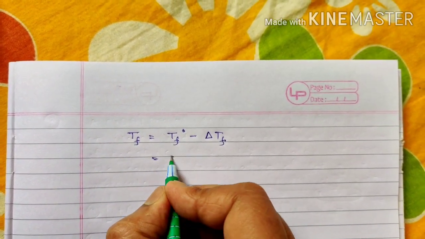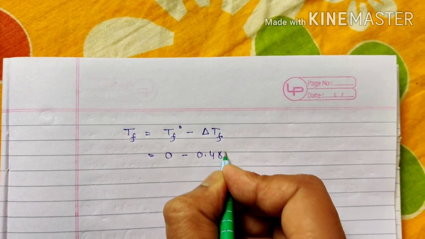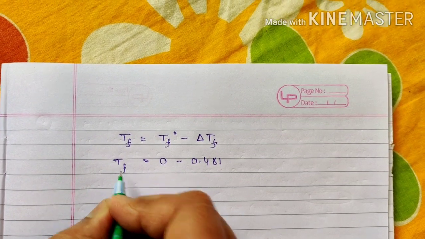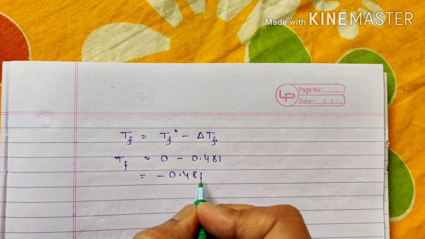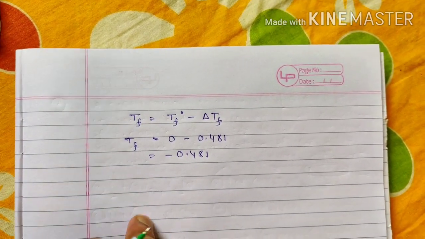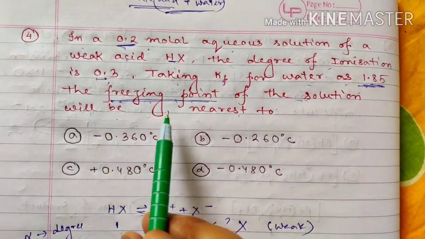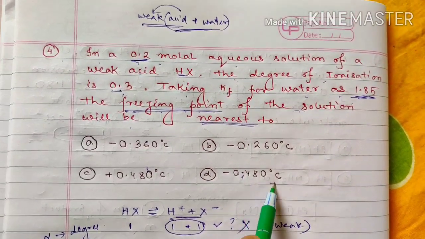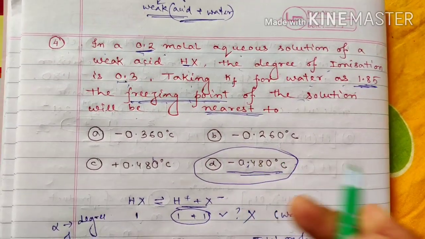So it should be 0 for water, minus 0.481, which we have just calculated, and this Tf value will be minus 0.481. So this will be the answer. Let us see what options are already given. Nearest to, out of these 4 values, I think option D, minus 0.480, will be the correct one.